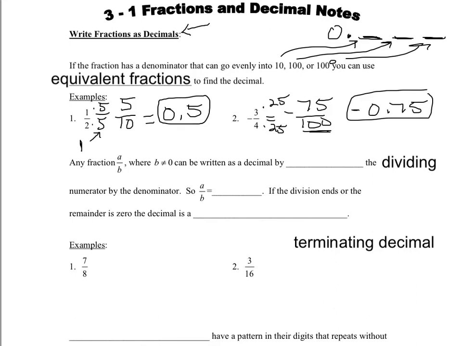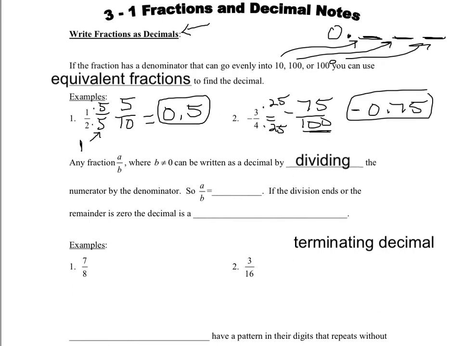Now, unfortunately, not all fractions have a denominator that evenly goes into 10, 100, or 1,000. So we need a way that works no matter what your fraction is. When you have any fraction a over b, as long as b is not 0, you can't have a 0 in the denominator, you can write the fraction as a decimal by dividing the numerator by the denominator.